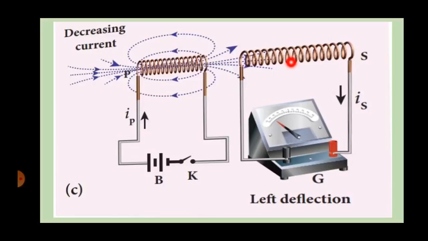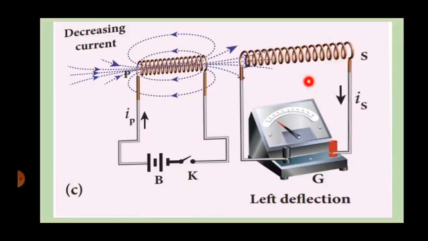This is because the current in C1 decreases from maximum to 0 value. The magnetic flux linked with the coil C1 decreases, hence the magnetic flux linked with C2 also decreases.